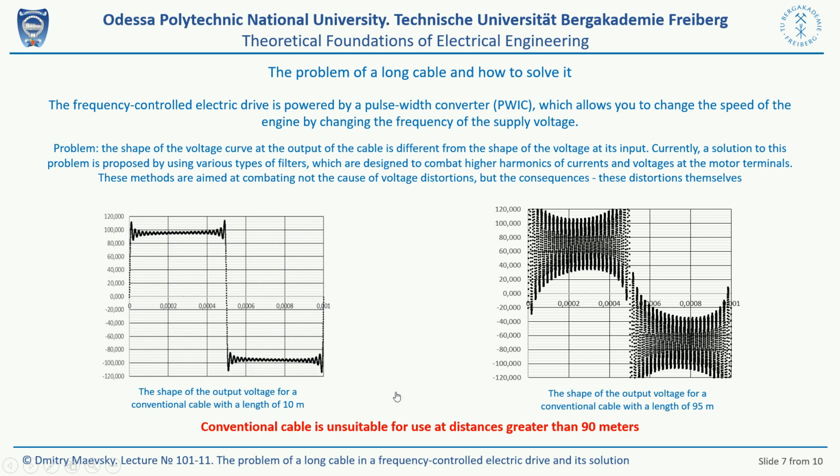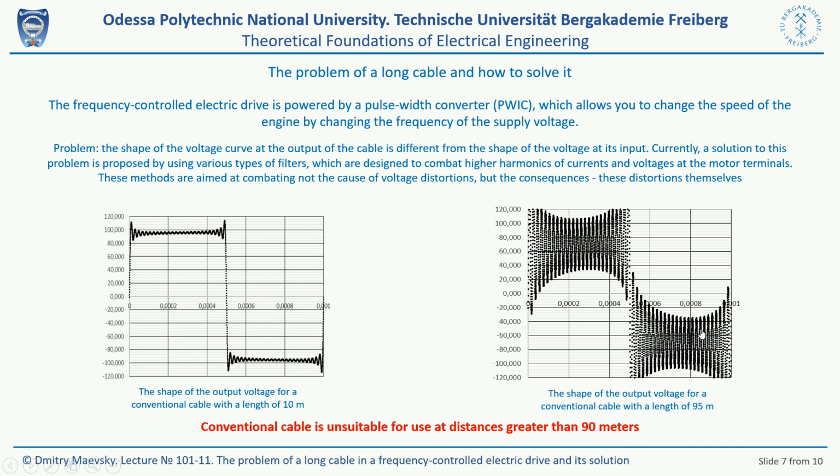But as the cable length increases, the voltage shape will differ more and more from the original. At a distance of 90 meters from the beginning of the line, we will not see a rectangular pulse at all.